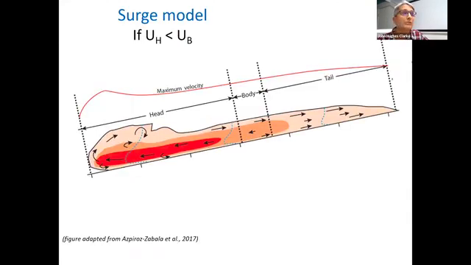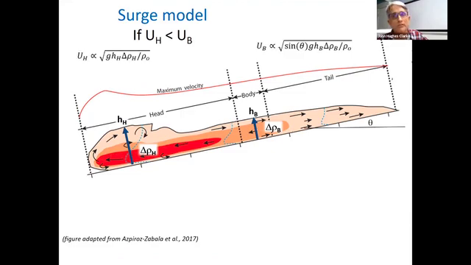So in the classic model, you've got various parameters for a turbidity current. You've got their thickness, their excess density, and you've got a slope. And there are simplifying formulas that tell you how fast the head versus the body will go. And for the ones we see in the lab, the body is almost entirely feeding the head.